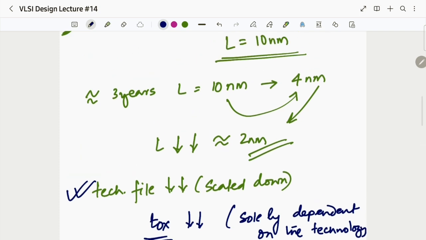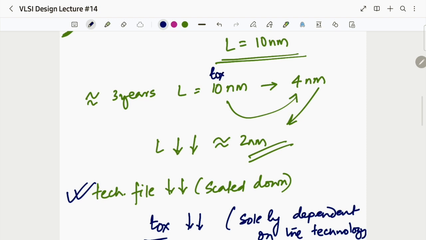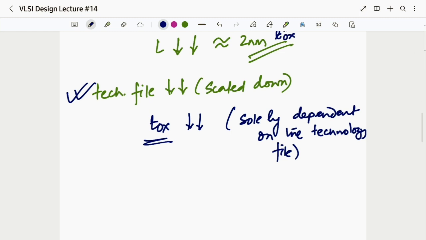So for 10 nanometer, I will have a different TOX, and for 4 nanometer, I'll have a different TOX, and for 2 nanometer, I'll have a different TOX. So it is completely dependent on the design.